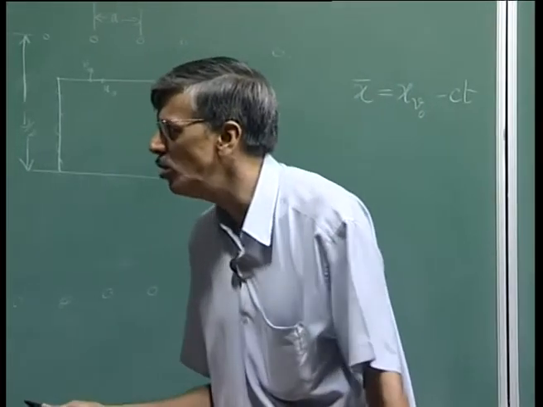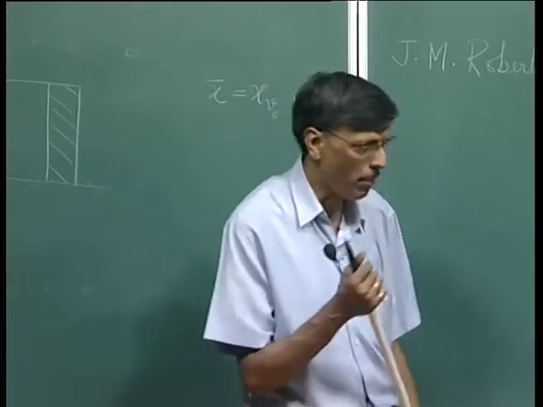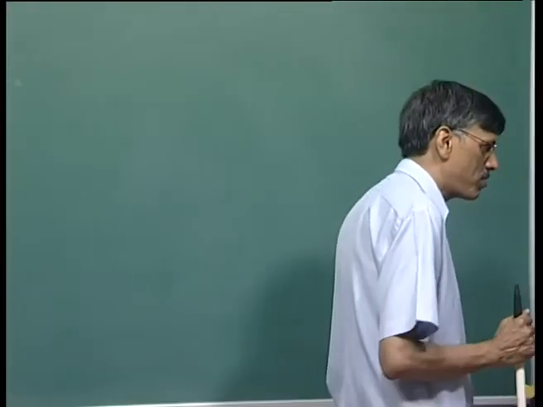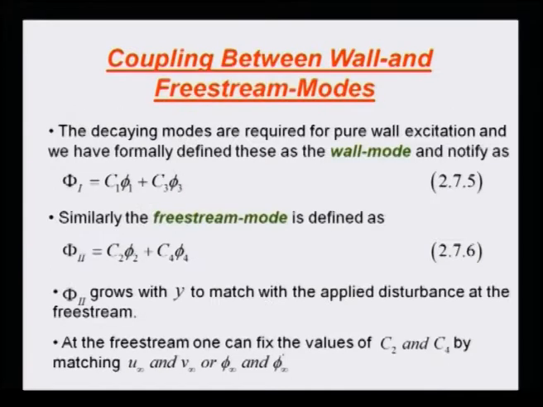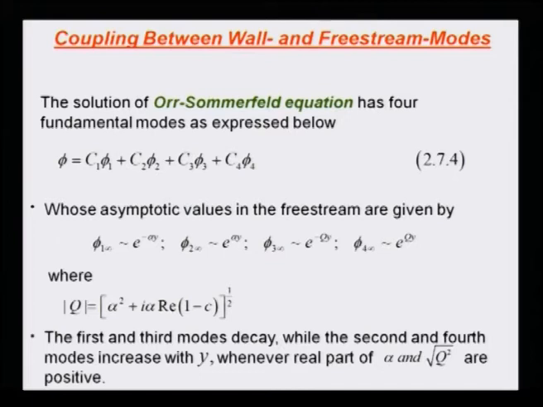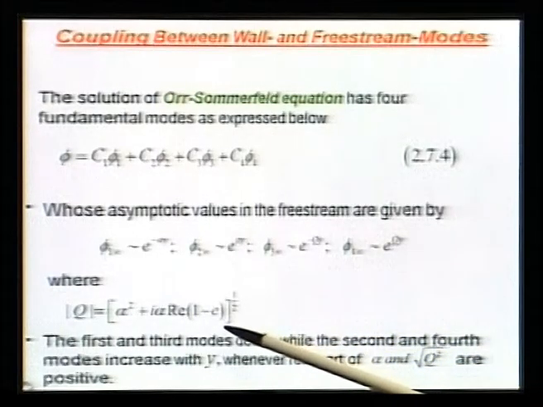If I do look at that, when C is equal to u infinity, then what happens? You have seen that these modes will coalesce. Why? Because if I look at the expression for Q, if C is equal to u infinity, then in non-dimensional form C equals 1.